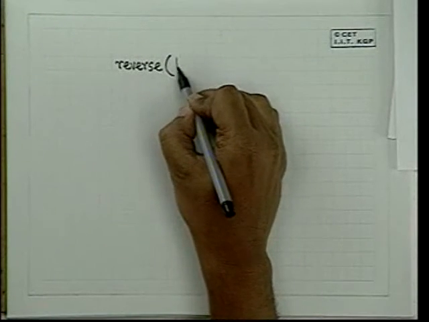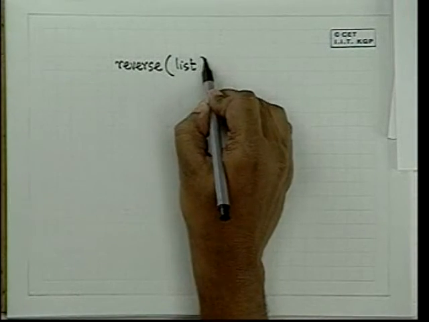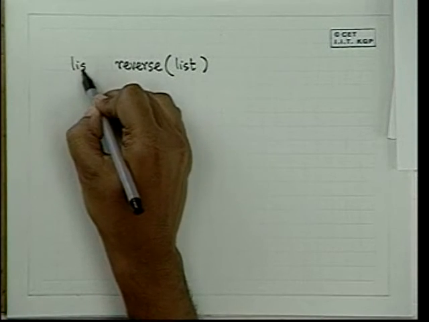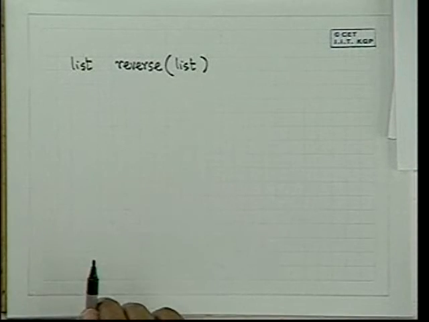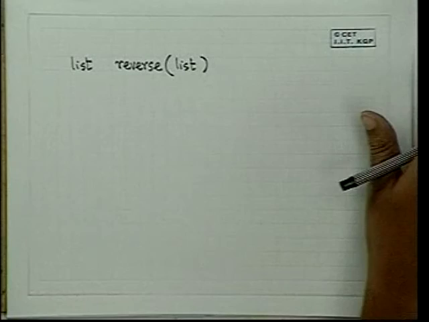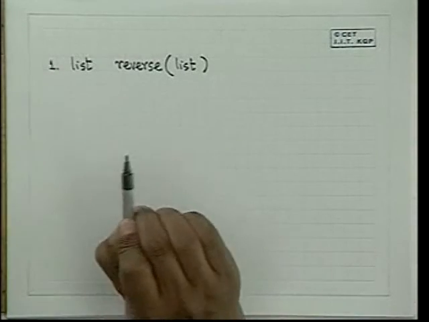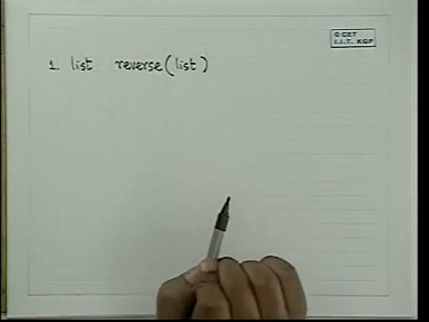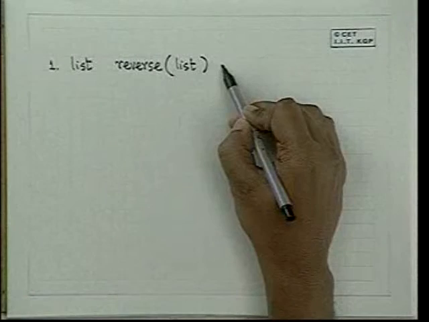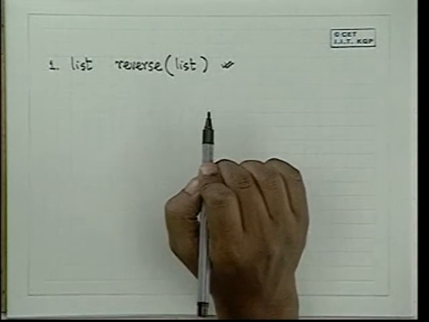It will take in a list type and it will return a list type. It will return the head of the new reversed list. So the first problem that we have in hand is reversing a list. So I will leave it to you to think of how you will write programs to reverse a list.